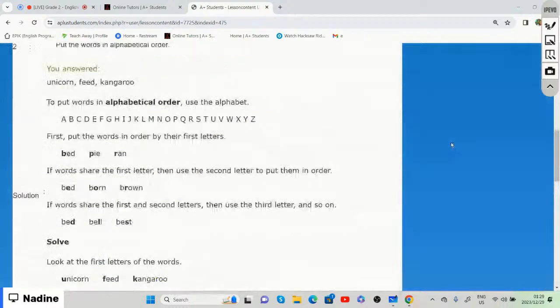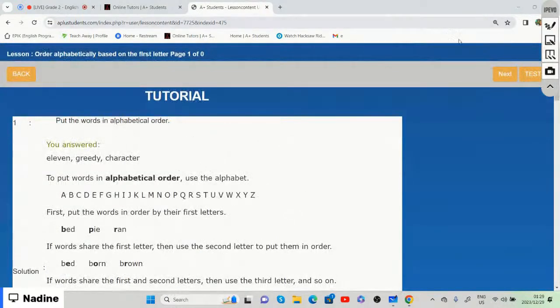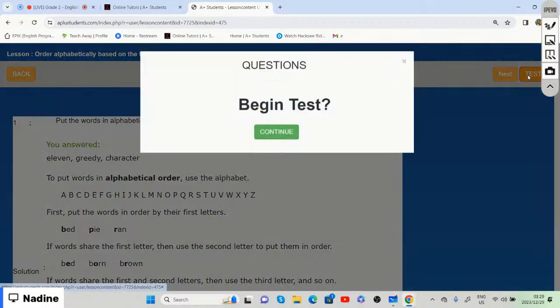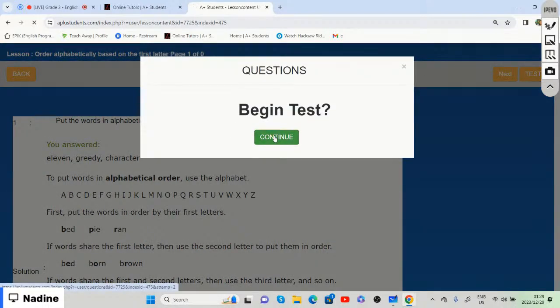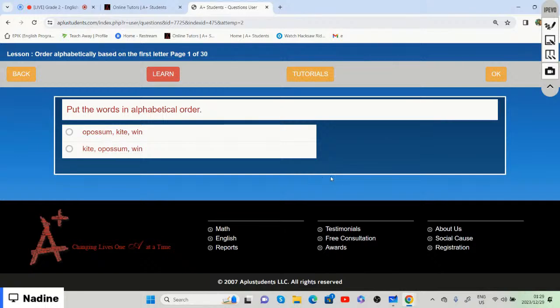All right, so now we're going on to the test, where we need to order alphabetically based on the first letters. So we need to put the words in alphabetical order.